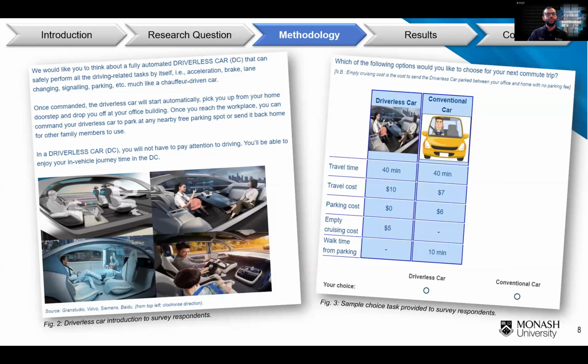I'd like to mention that the choice task has 5 attributes, and these attributes were pivoted based on respondents' general travel commute time and distances. So these choice tasks were unique for each respondent based on their day-to-day commute times.